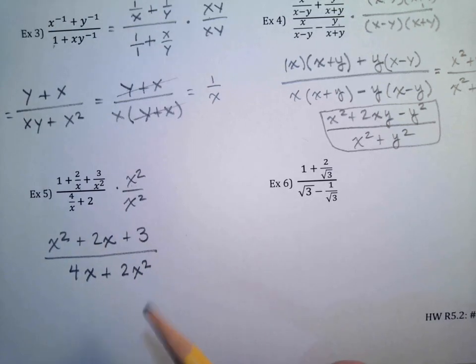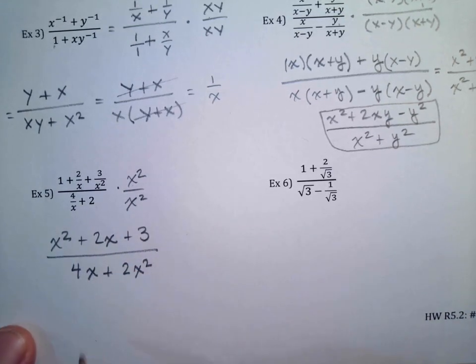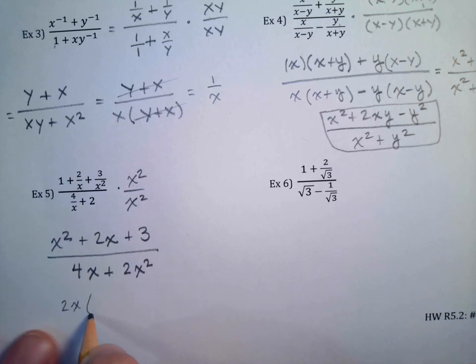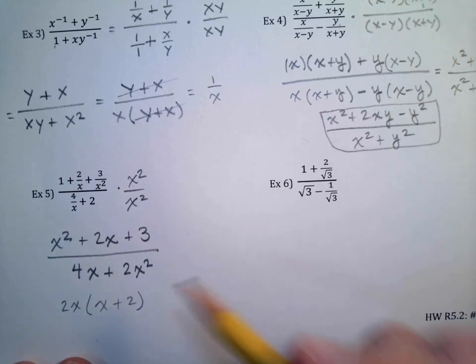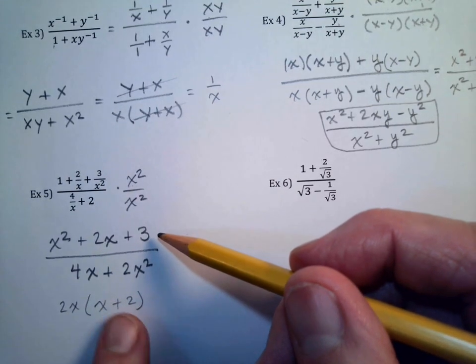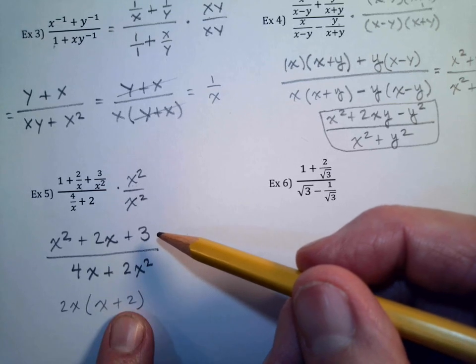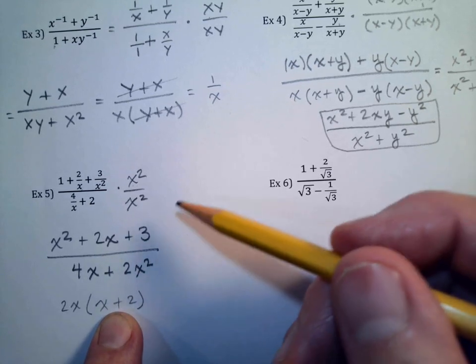Now, we should check to see if maybe this were to factor into something. What could I take out? Let's rewrite this with the 2x squared in front. I could take a 2x out, and that would be x plus 2. And so if the top were to factor into one of the binomials, if it factors at all, into x plus 2, then we would need to cancel it.